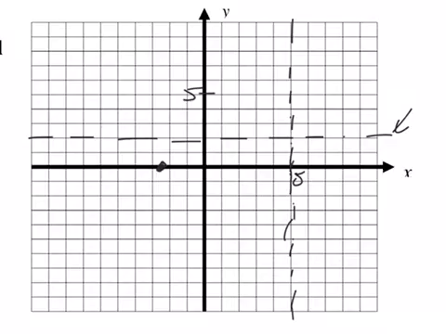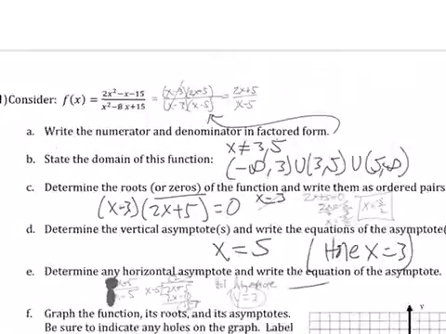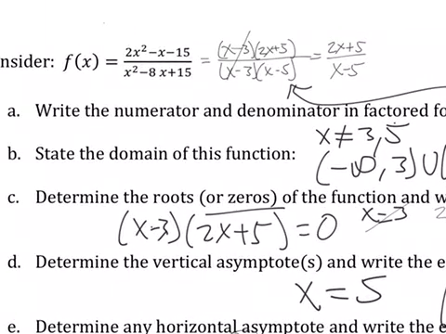Now we can also find the y-intercept. That's a useful point. So let's go back up here. The y-intercept is when x is 0. So if x is 0, all of these become 0, and those things just get wiped out.